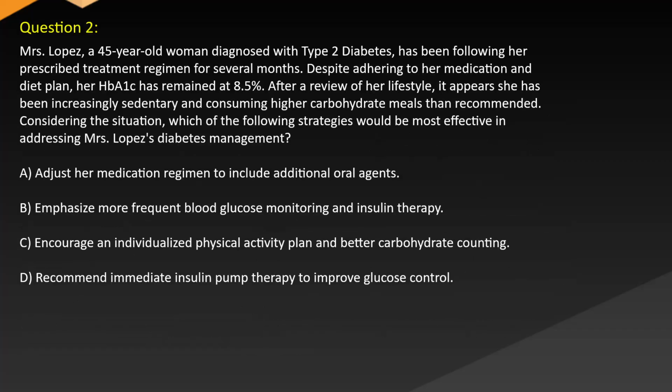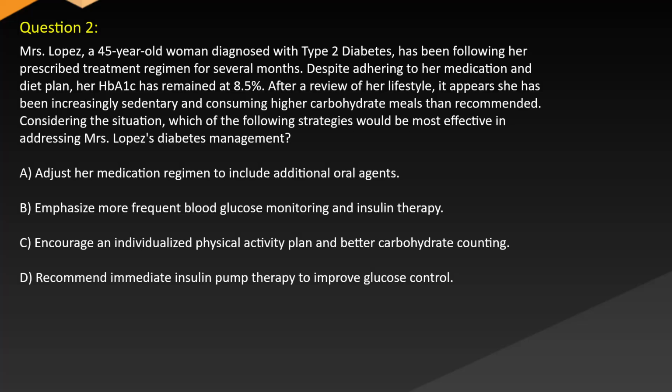Question 2. Mrs. Lopez, a 45-year-old woman diagnosed with type 2 diabetes, has been following her prescribed treatment regimen for several months. Despite adhering to her medication and diet plan, her HbA1c has remained at 8.5%. After a review of her lifestyle, it appears she has been increasingly sedentary and consuming higher carbohydrate meals than recommended.